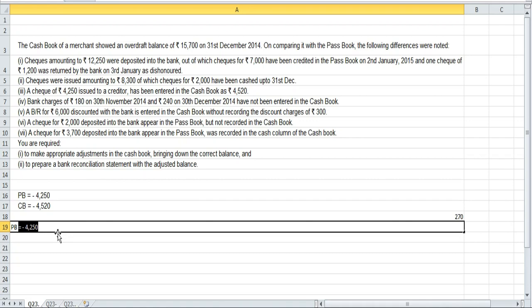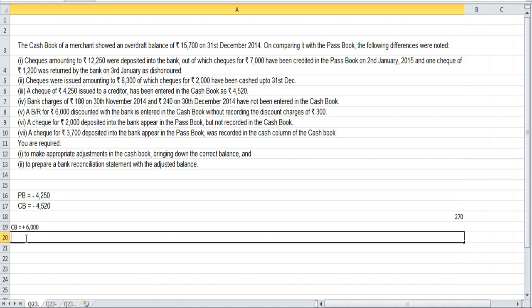And you went and you gave your bills receivable to the bank, and the bank, they have discounted. Okay, so in your cash book you have written down that you have the full amount of the bills receivable, 6,000.